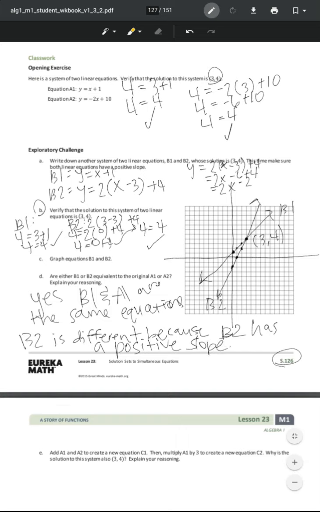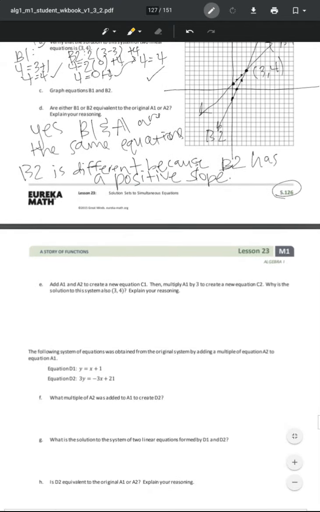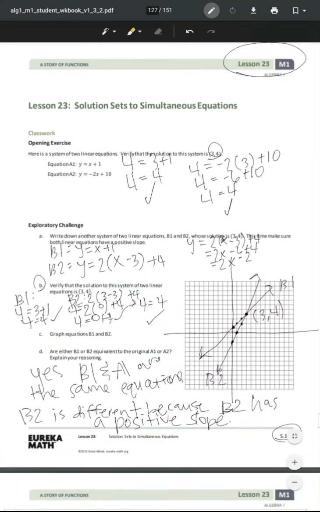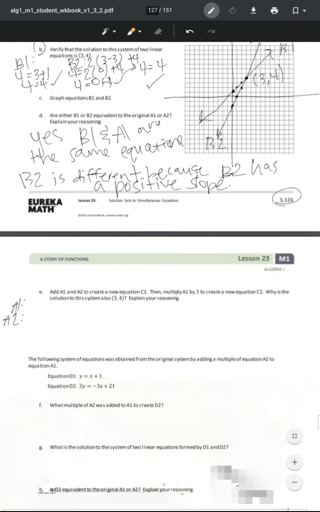Okay, so moving on, we're going to now look at part E. Part E says add A1 and A2 to create a new equation C1. So if we just write A1 and A2 down again so we can see those. A1 is y equals x plus 1.